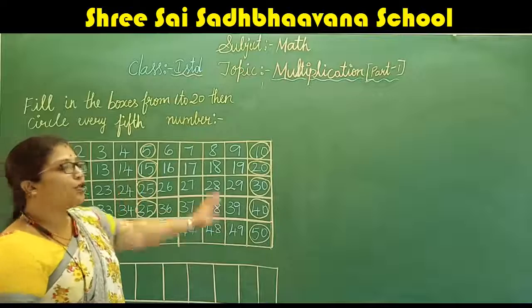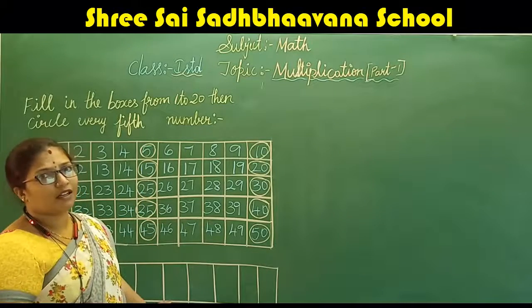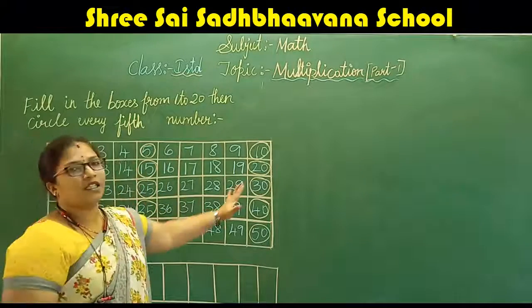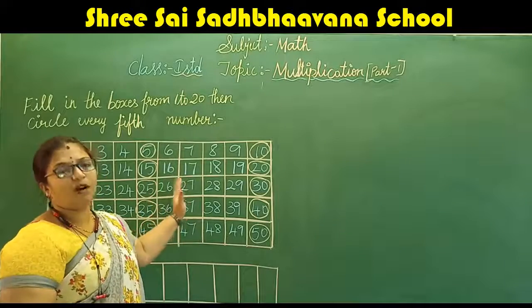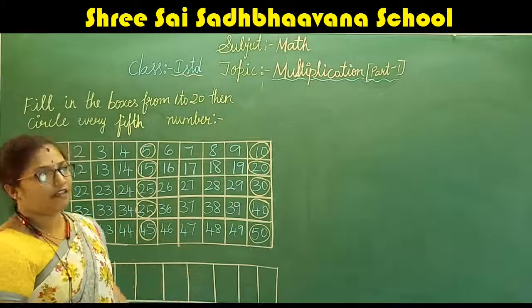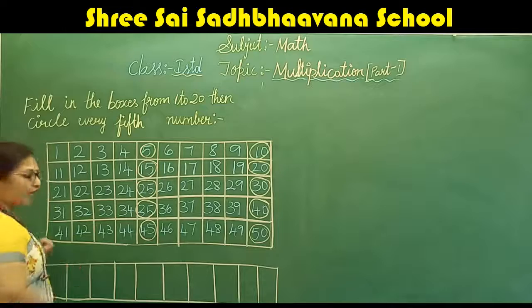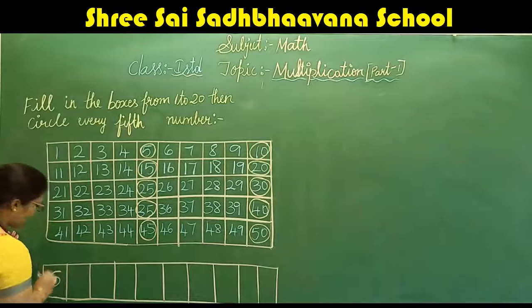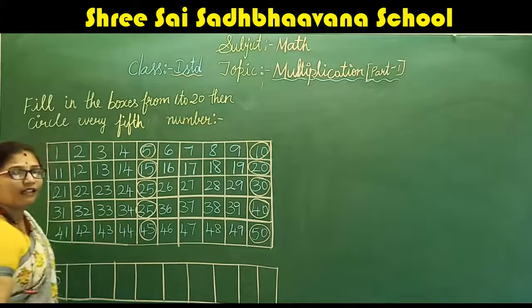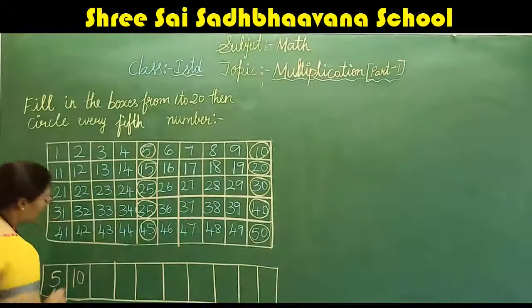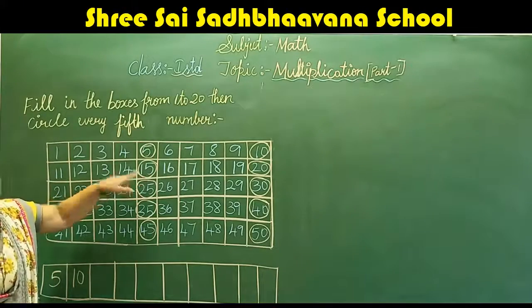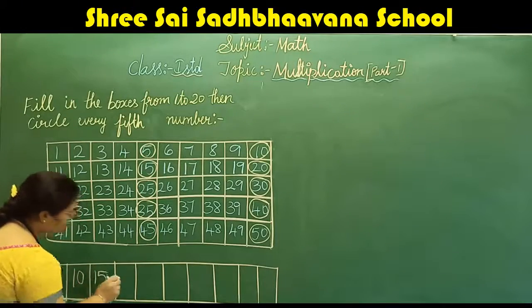So what do you have to do in the box below now? All the numbers you circled in the box above, you have to fill in here. First we write 5. After that, which we circled, 10. After that we circled 15.